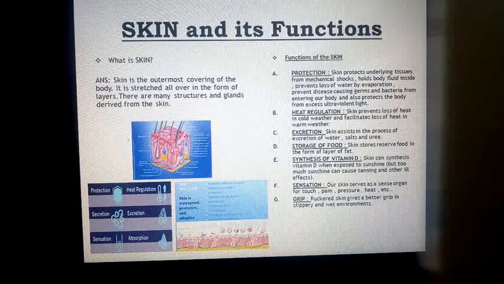Now it also does another function called sensation. That is why it is also called a sensory organ. It gives us the sense of touch, pain, pressure, heat, etc. That is why if anybody pinches you or beats you, slaps you, you will know. Temperature regulation. It also maintains our temperature. Our body temperature is constant.